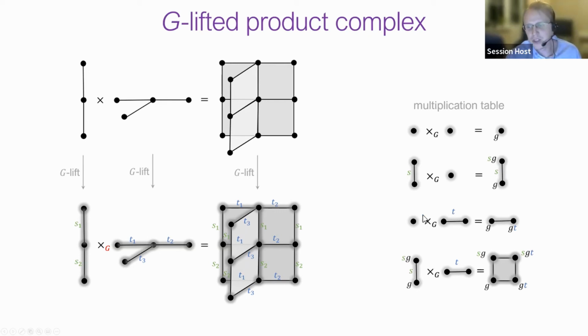And here you can consider this multiplication table for this operation. What is important, first noticed by Breuckmann and Eberhardt, is that in the case of a non-abelian group, you should multiply from the left for one of the components, and from the right for the other. But in the case of abelian groups, you do not have this problem. This way you obtain this G-lifted product complex.